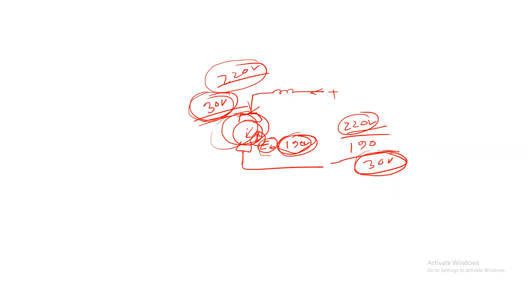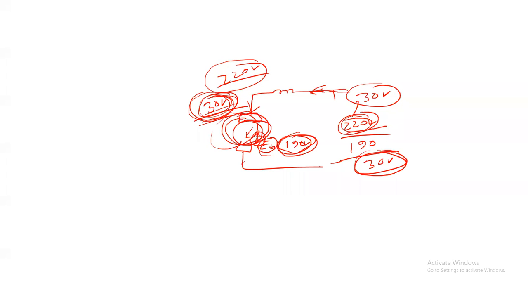So this is not possible directly. At first we need a slow start: only 30 volts, because the motor running needs 30 volts. So at first you apply 30 volts, then the motor runs.